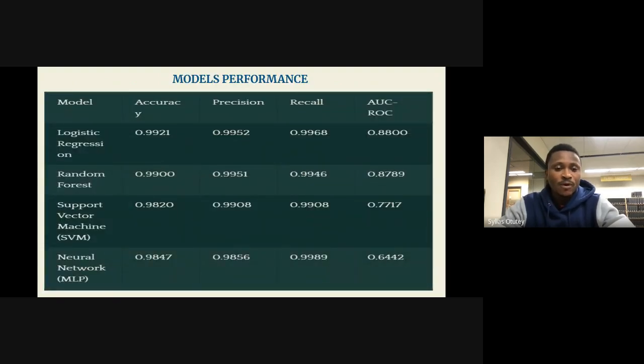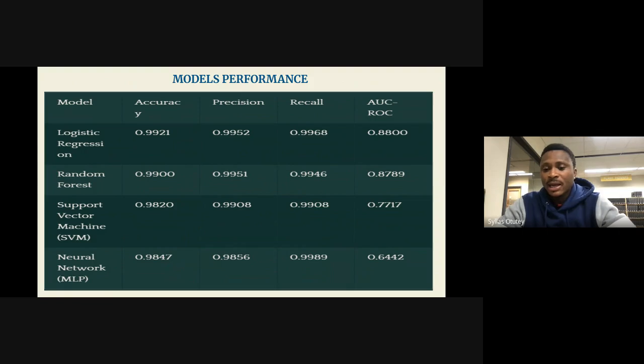With our models' performances, each of these models had a high performance, and logistic regression had an accuracy of 99.2. Random forest had an accuracy of 99. Support vector machine had an accuracy of 98, whilst neural networks also had an accuracy of 98.